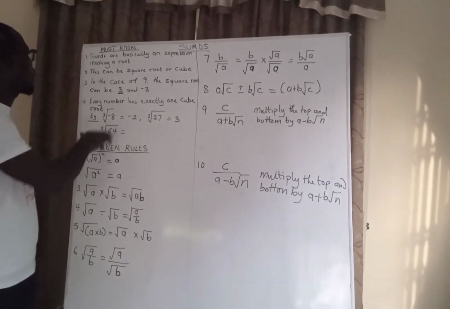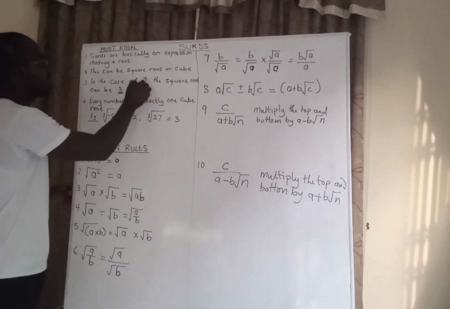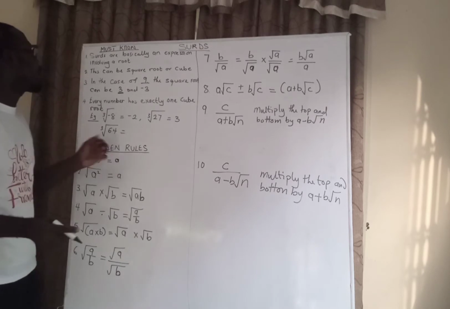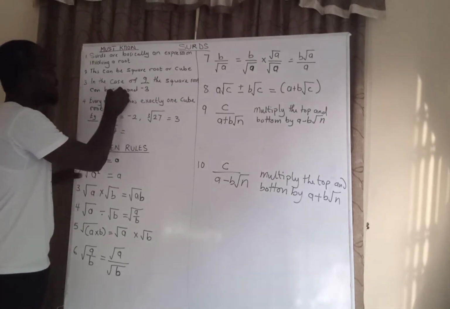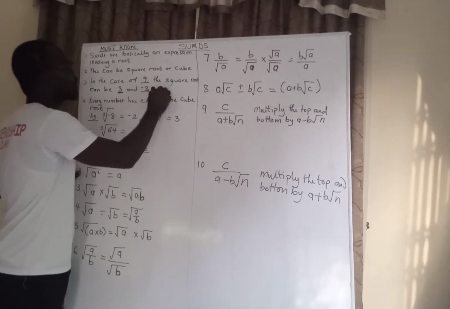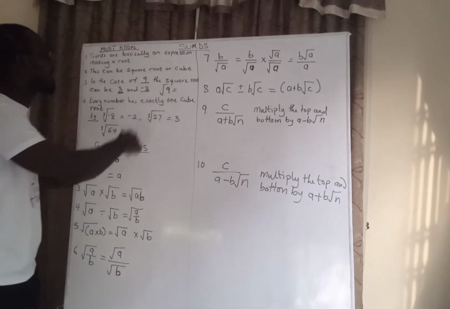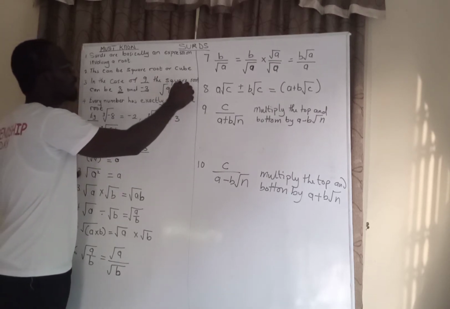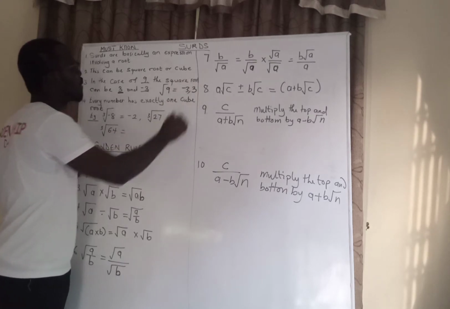All right, we can have a classical case as in this. The square root of 9 can be written as 3 or -3. So when we have the square root of 9, this expression can be written as -3 or +3.